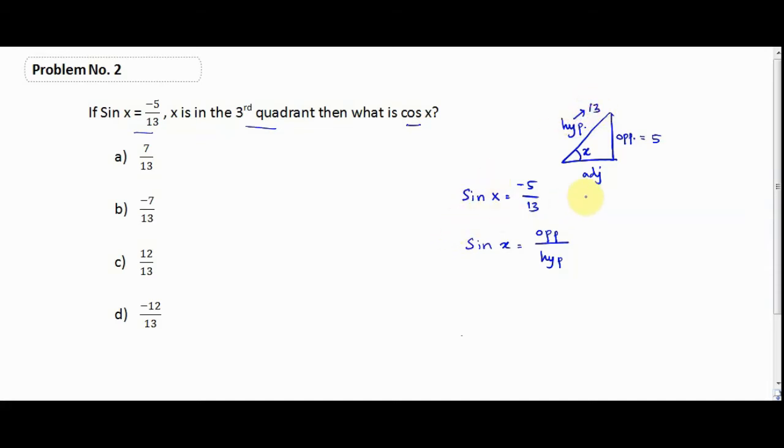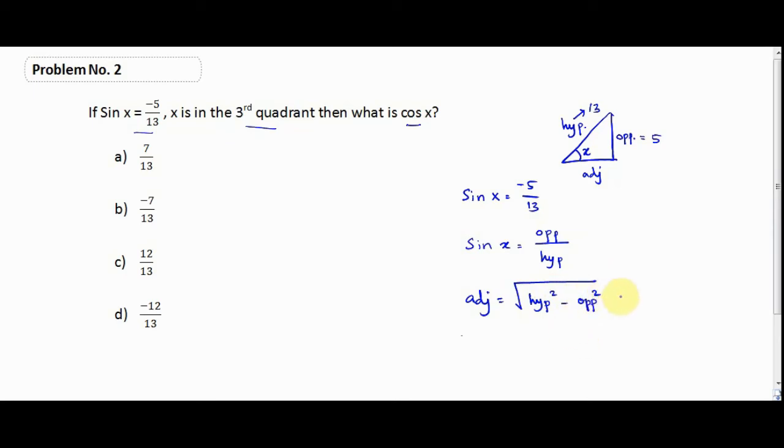And we can calculate the length of adjacent side by using the Pythagoras theorem. The length of adjacent side will be equal to root over hypotenuse length square minus opposite side length square.